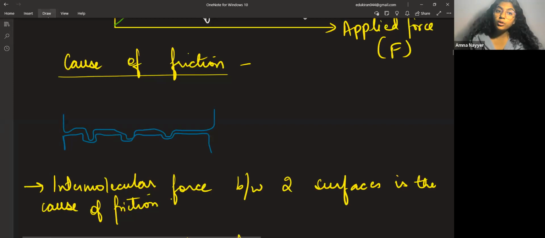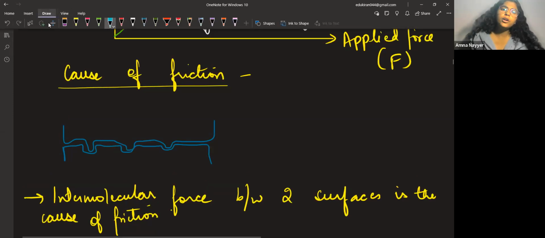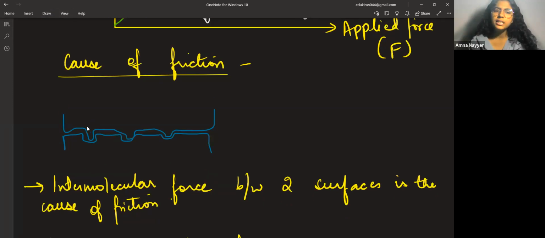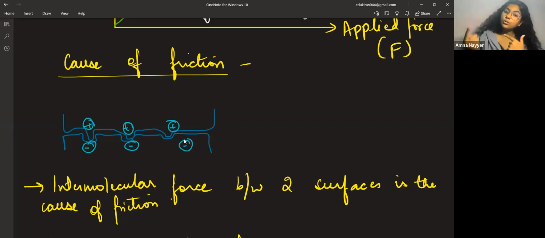One more thing occurs that is helpful for your class 12 more, not so much for class 11. There are charges that are present over here. So these charges are also moved. Electron transfers also occur. Electrons also move up and down because of friction. The work done to overcome friction facilitates electron transfer from one object to other. That is also possible.